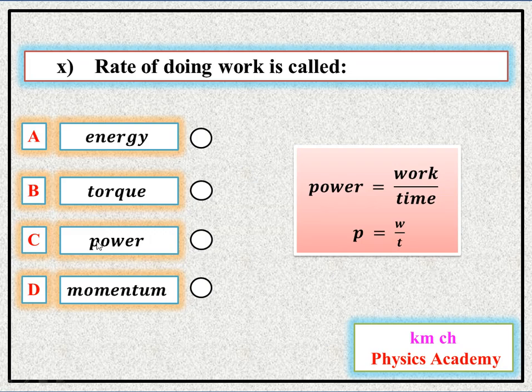So our option is here at C. Momentum, P is equal to mv, product of mass and velocity. Power is work over time, P is equal to W over t. So our option C is correct. So we fill circle in front of C with black ink.